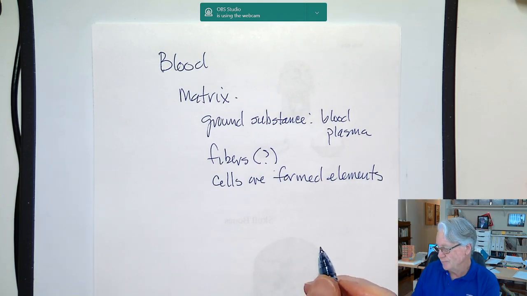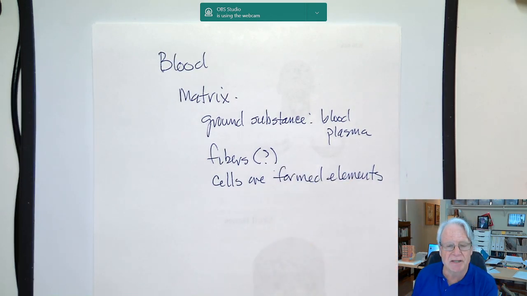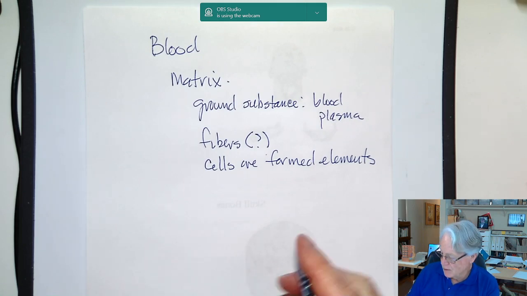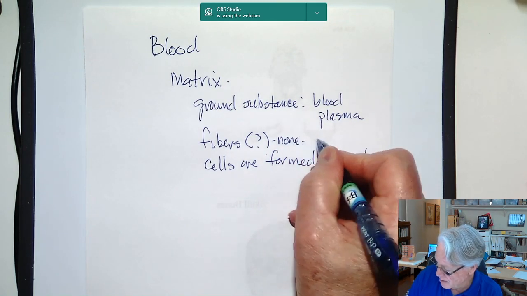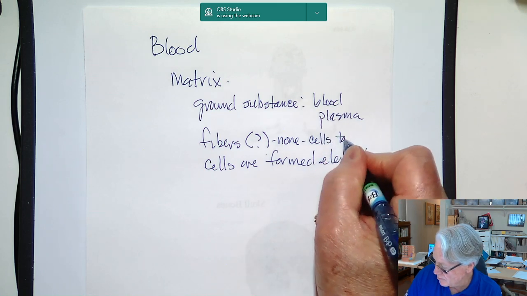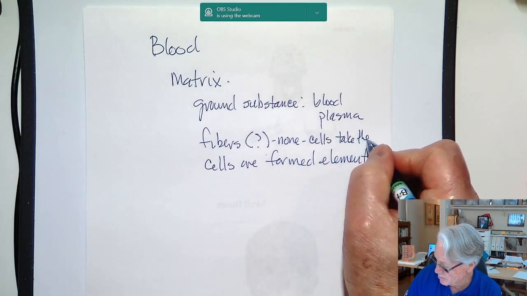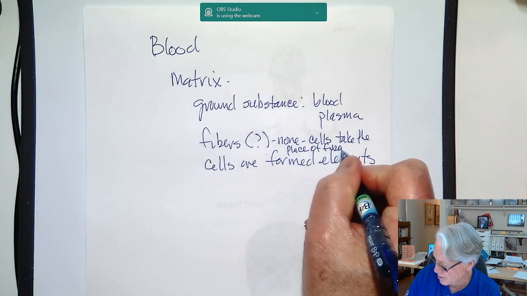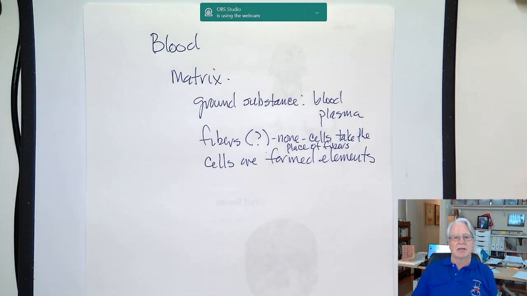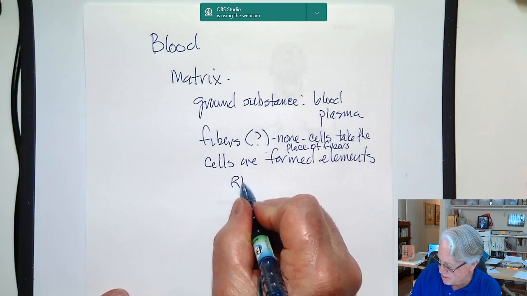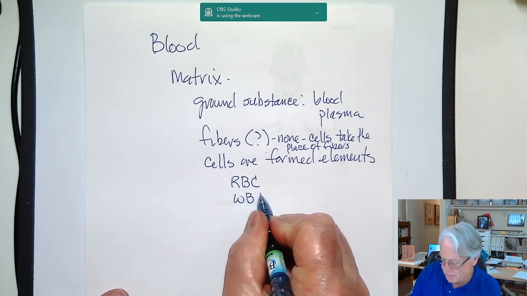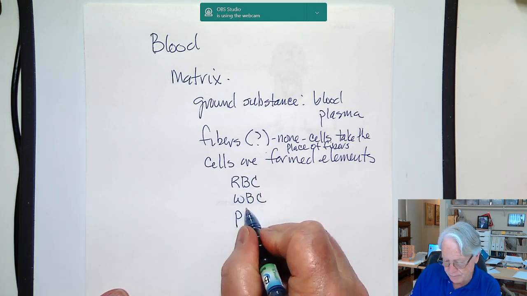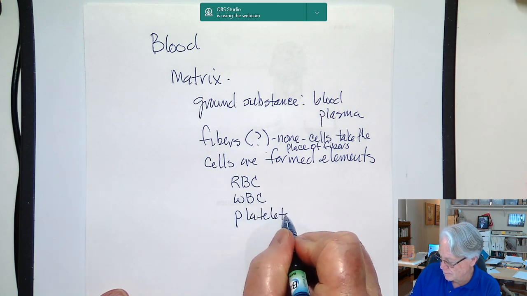So no fibers, but cells instead, and we call those formed elements. And of course, what we're talking about are red blood cells, white blood cells, and platelets.